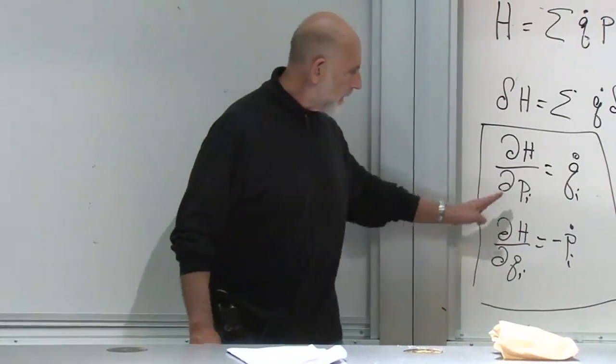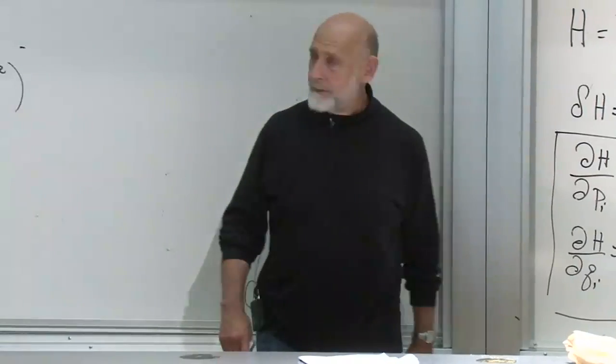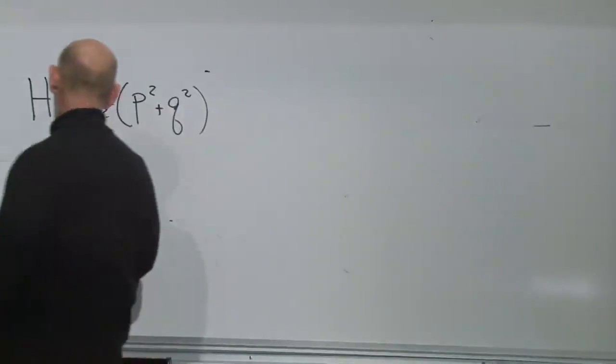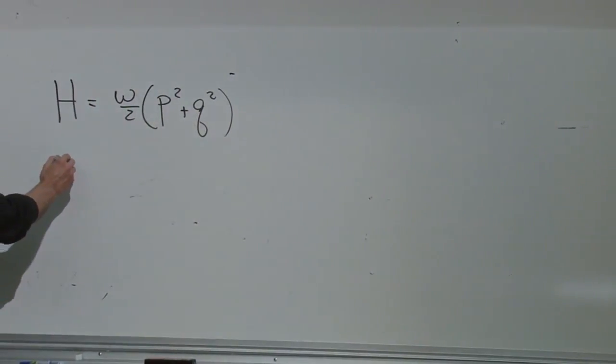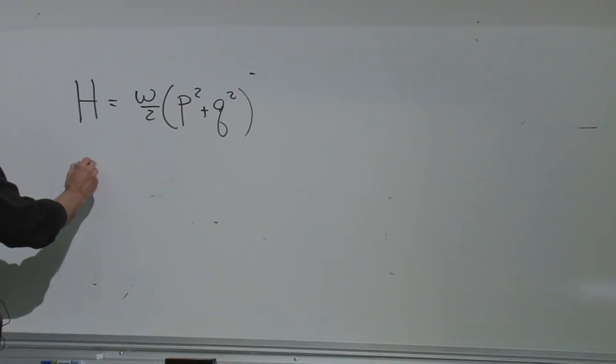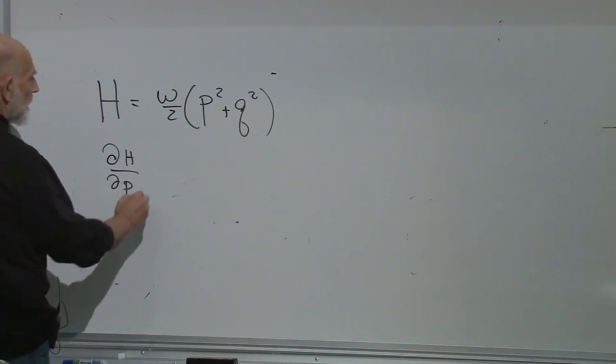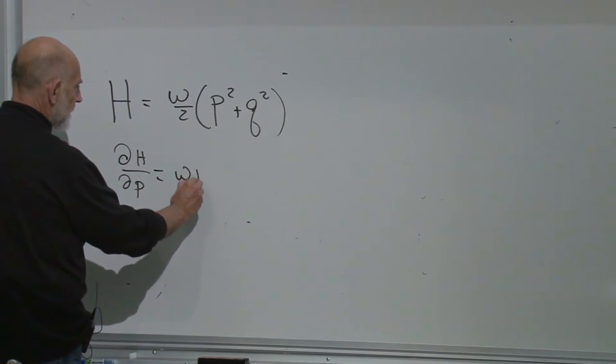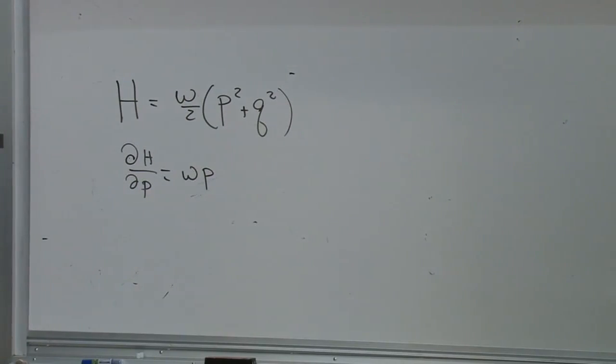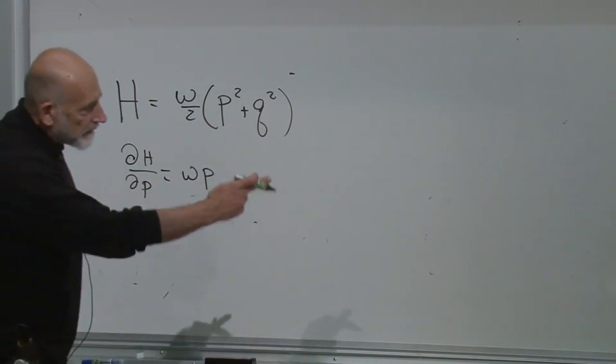It's really simple. So we start with dH by dp, and what is that? That's omega p. And that's equal to q dot.